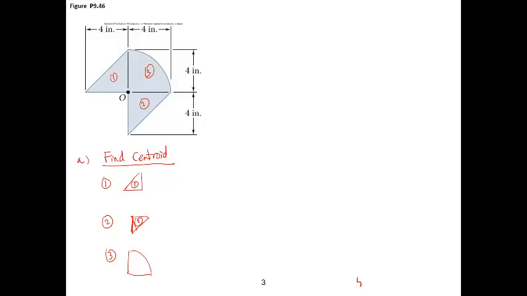Let's say I'm interested in finding my centroid x bar and y bar. First, is there any axis of symmetry? In this case, we don't have any axis of symmetry, so we have to proceed to the next step: set up a table.